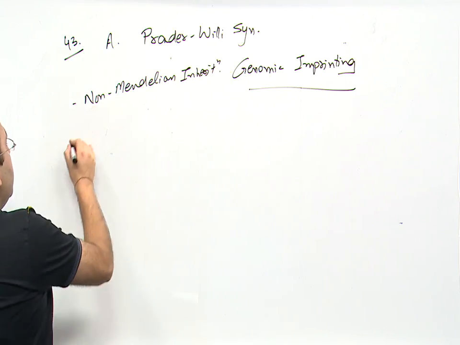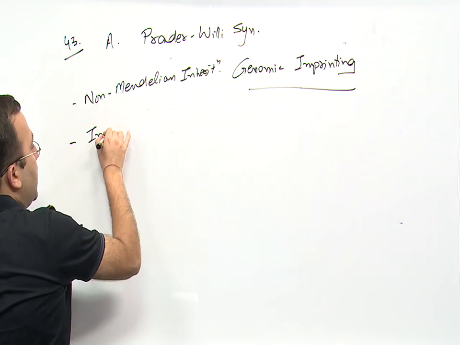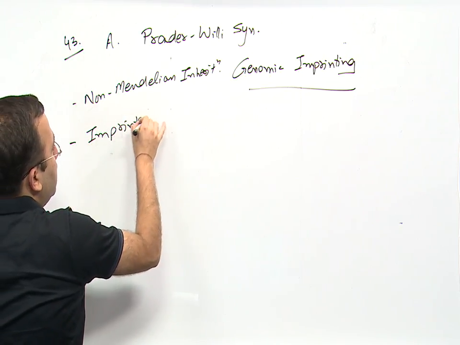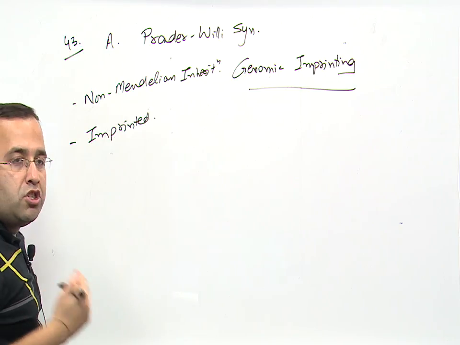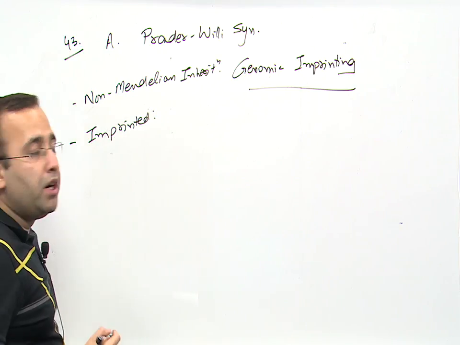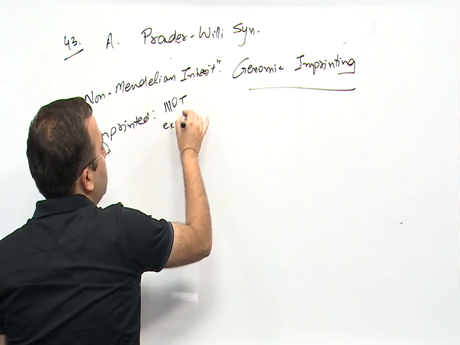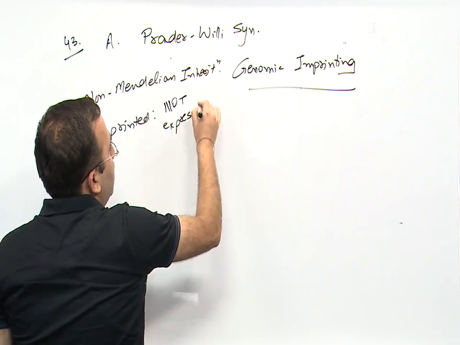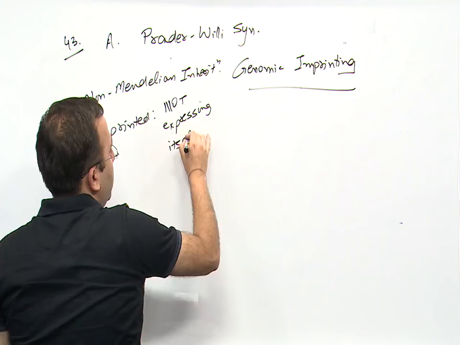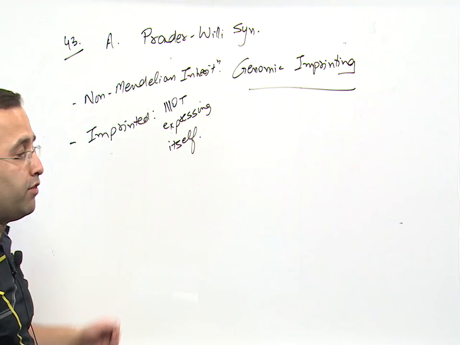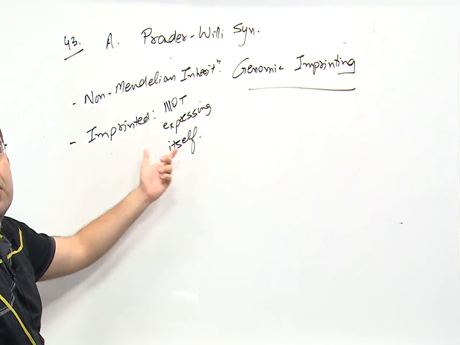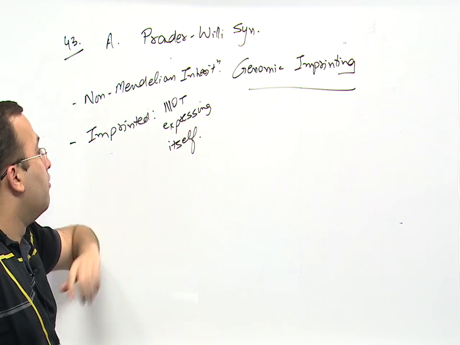Next, the gene that is getting imprinted is not expressing itself. The gene that is imprinted is not expressing itself.